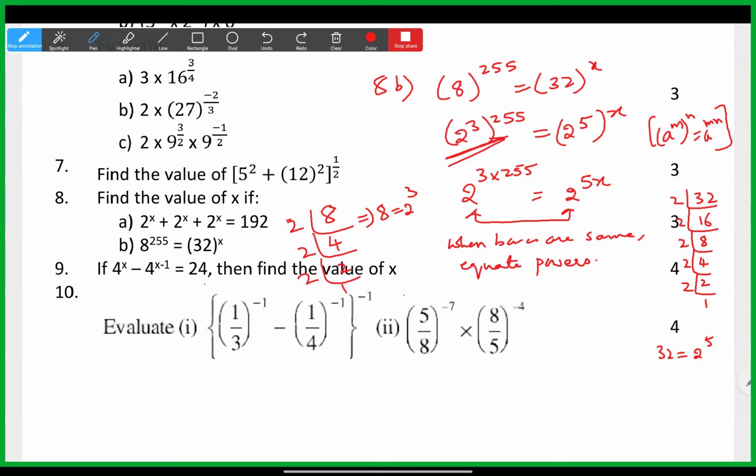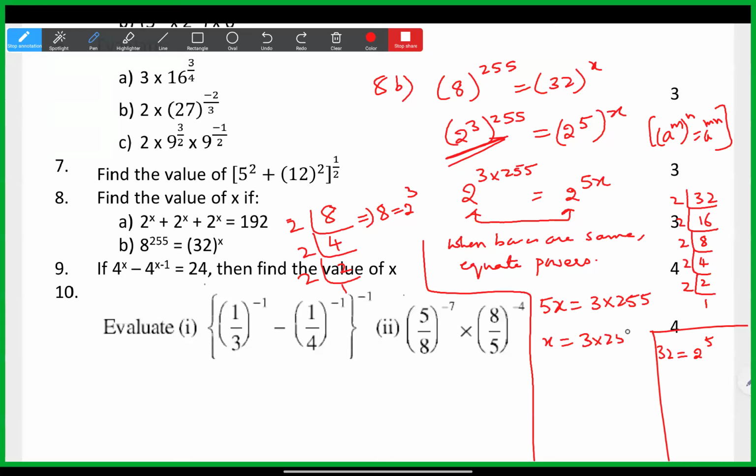So 5x is equal to 3 into 255. X is equal to 3 into 255 by 5. Any doubt? No, sir.